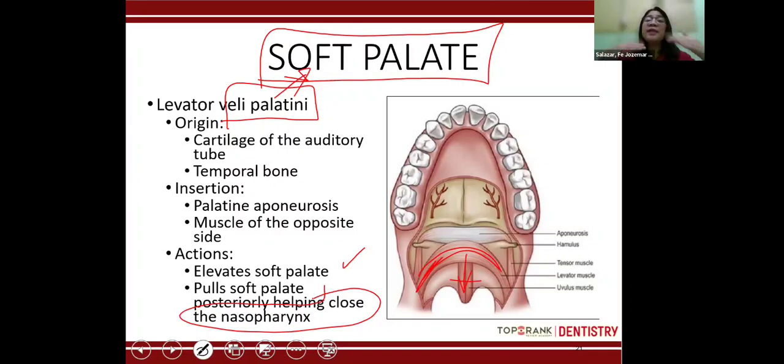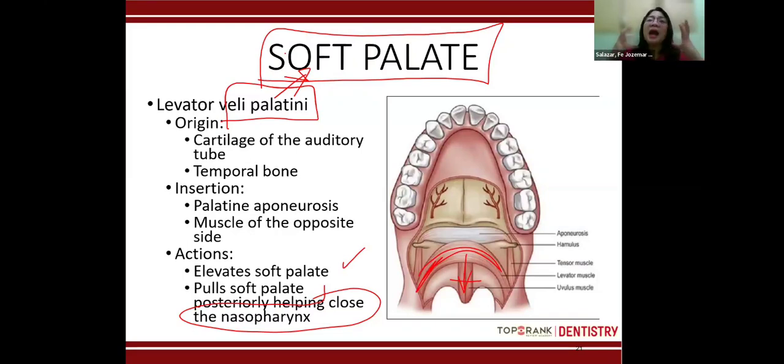Whenever we swallow, there is an opening, class, a communication between your oral cavity and your nasopharynx. There is a hole there. So the opening needs to be closed every time we drink, every time we swallow our food.